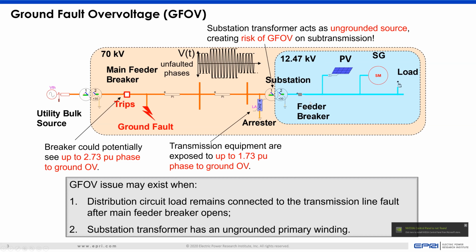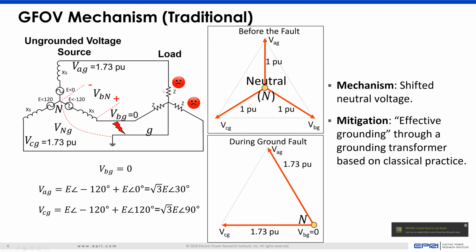So our case study concerns specifically this configuration where you have an ungrounded transformer and the distribution system remains connected to the fault.